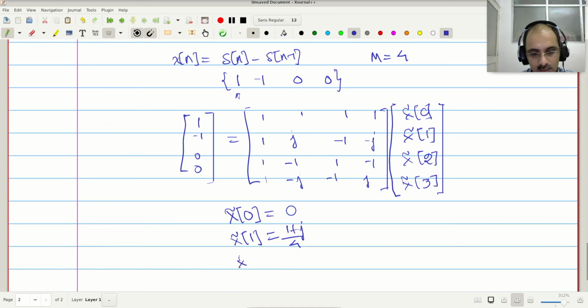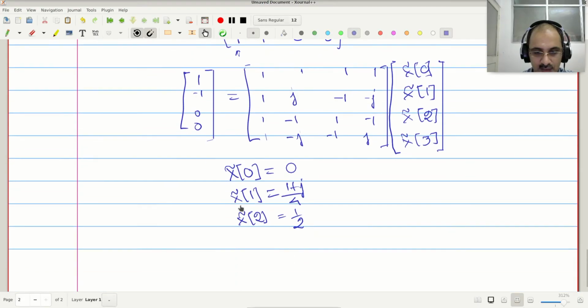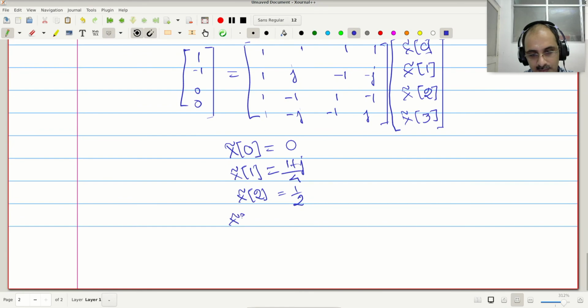X tilde 2 is equal to half. Finally, x tilde 3 is 1/4 minus j 1/4. Let us interpret this now.